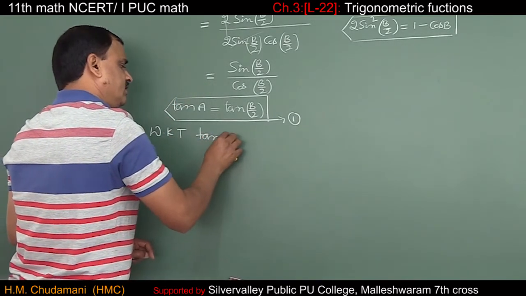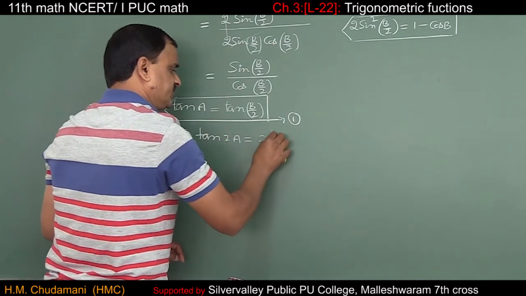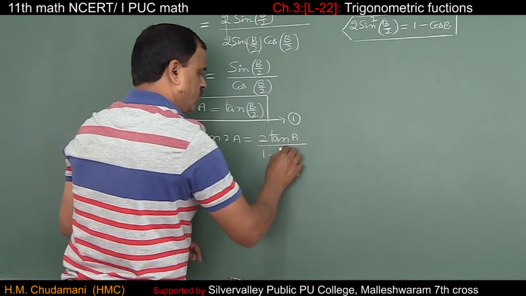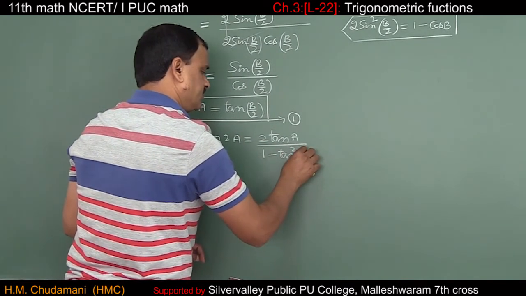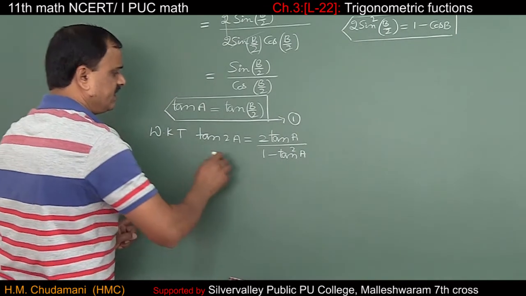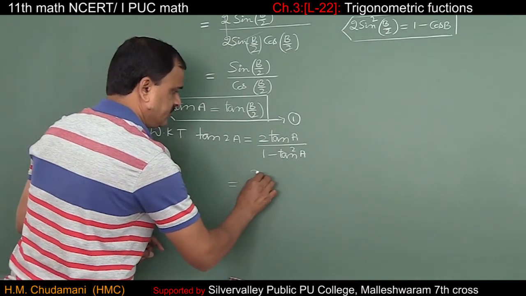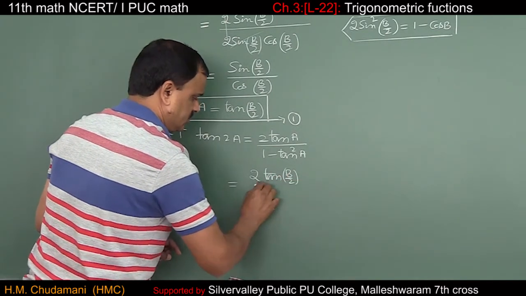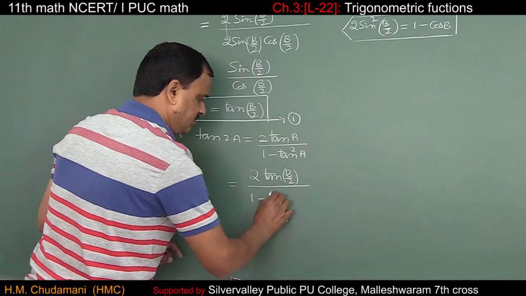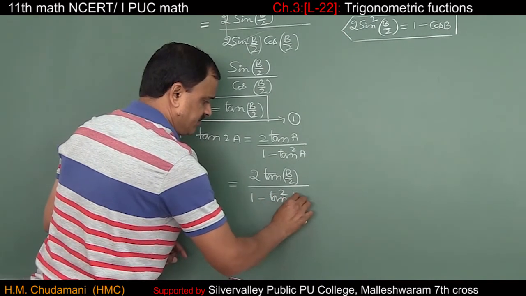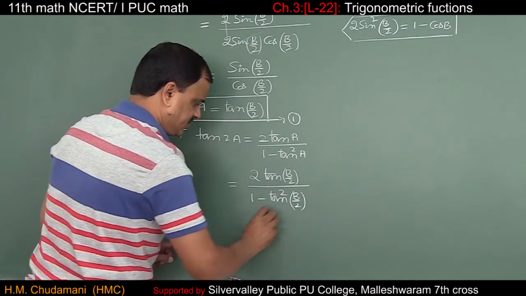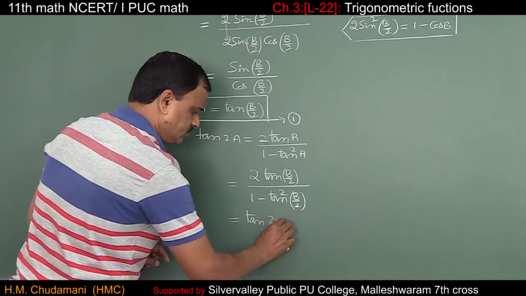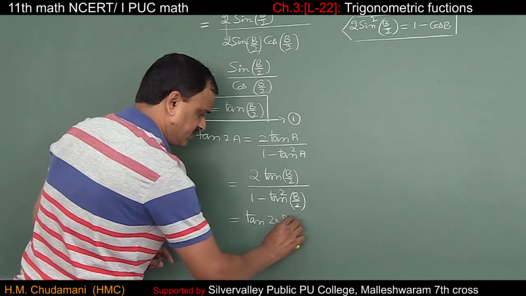Now tan 2A formula is 2 tan A divided by 1 minus tan square A. What is tan A? By using equation 1, tan B by 2. So 2 tan B by 2 divided by 1 minus tan square B by 2. So this is the tan 2 theta formula, where theta here is B by 2.